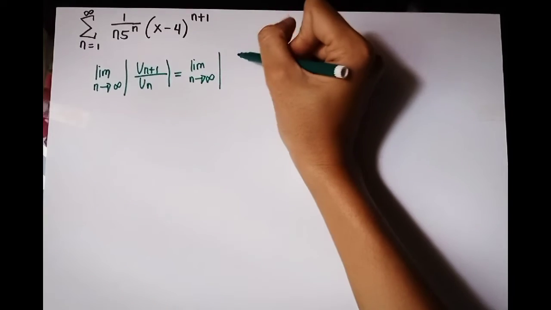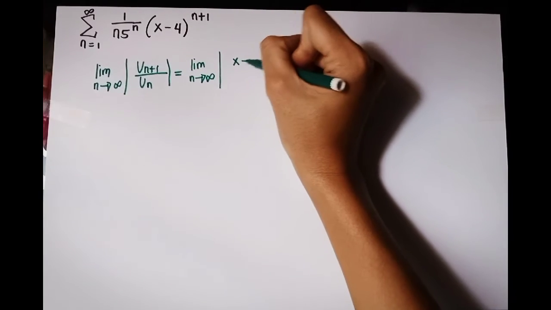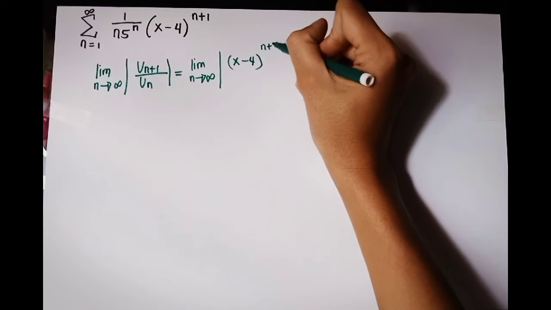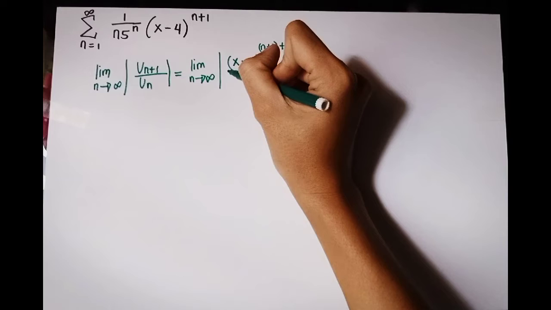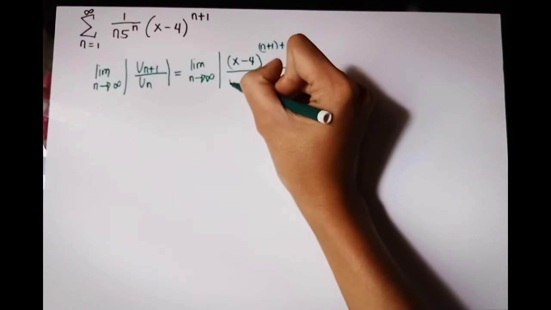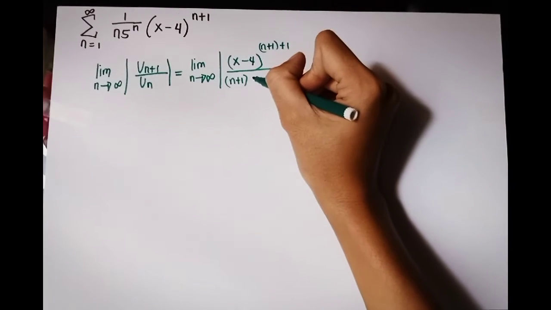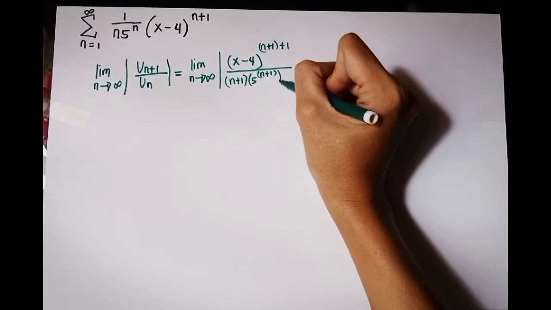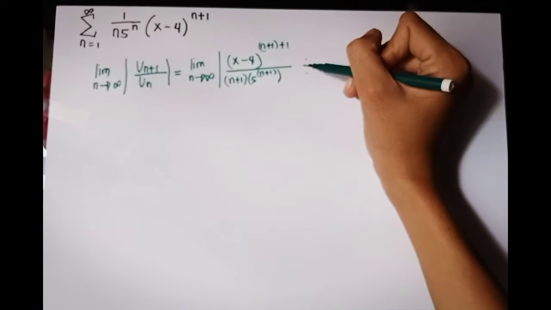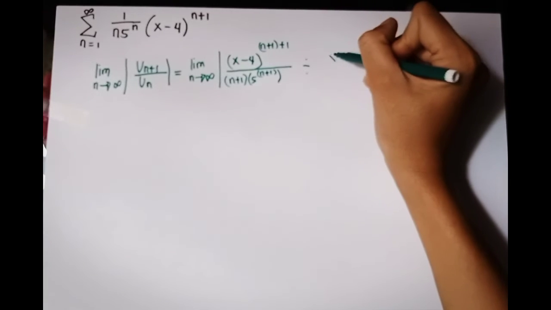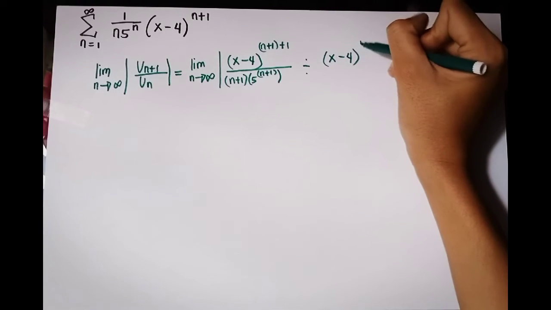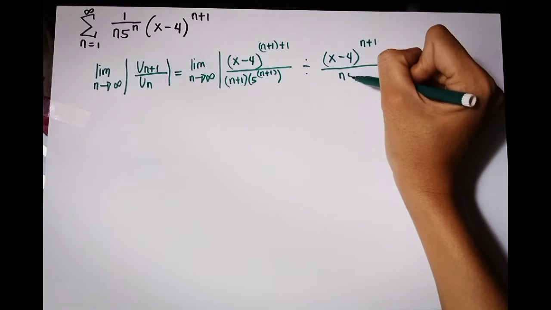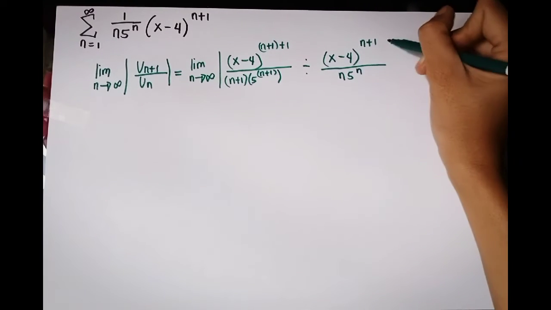The u sub n plus 1 here is x minus 4 raised to n plus 2, over n plus 1 times 5 raised to n plus 1, then divided by x minus 4 raised to n plus 1 over n times 5 raised to n.